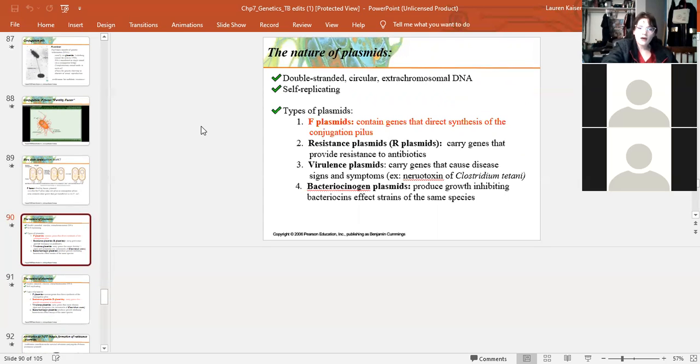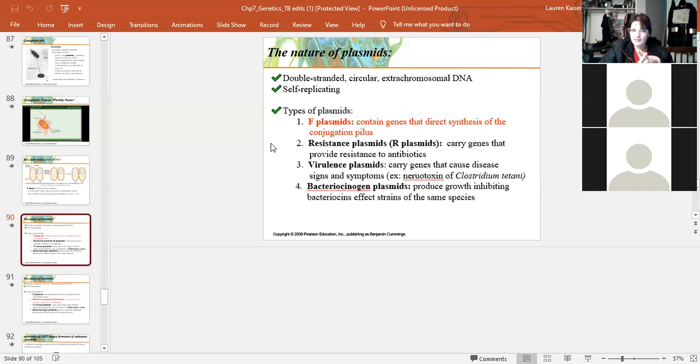So there are different types of plasmids. I know this kind of gets confusing, but the different types of plasmids can tell the cell what to do in different ways. So, for example, the F pilus would be the fertility factor, right?